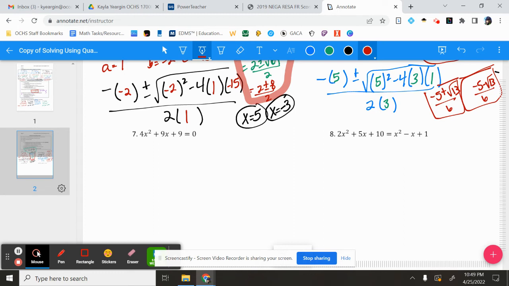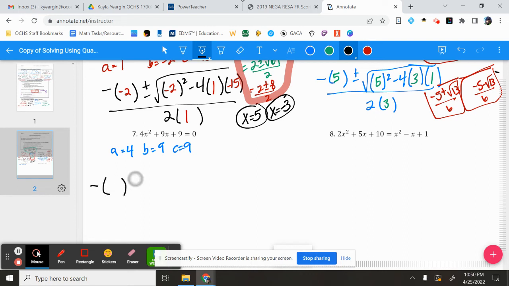For number 7, what we need to determine first, does this problem equal 0? Well, yes it does. It's very clear. So then I can just go through and identify my a value, which is 4, my b value, 9, and my c value, 9. Now, all I have to do is plug it into my quadratic formula.